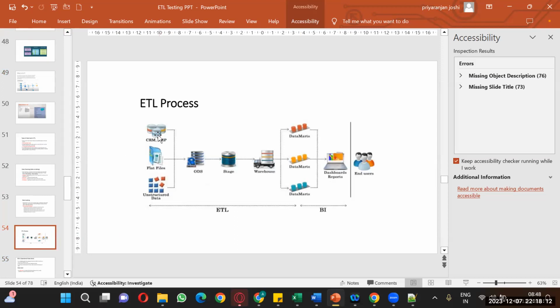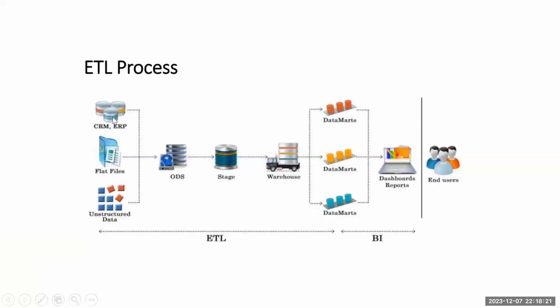ETL is basically extracting the data from different sources. Here you can see different databases. It can be your CRM database, customer relationship management data, ERP enterprise resource planning data, flat files, in the sense CSV or text files, XML files, JSON files, and unstructured data, which can be in the form of media.